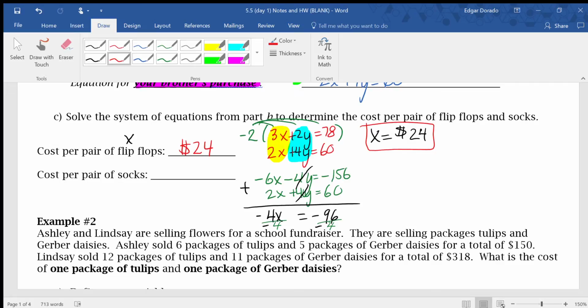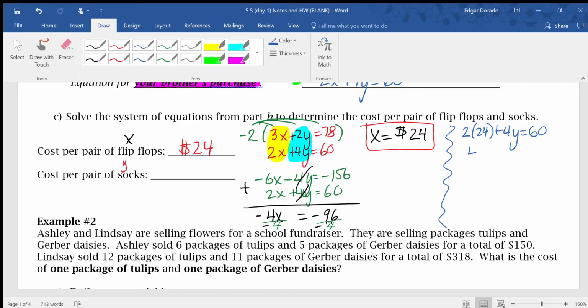So now we have the correct answer and we can move on to the next part, which is to find my y. Okay, I found my x, now I have to find my y. So let's go ahead and enter that 24 in for x for one of my original equations. I'm going to go ahead and do it to the bottom one. So this would be 2 times 24 plus 4y equals 60. Okay, so what would that be?